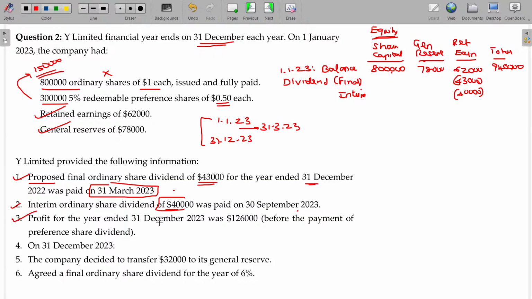Profit for the year ended 31st December 2023 was 1,26,000 before the payment of preference share dividend. So then preference share, how much do we have? 1,50,000 at 5%. So you can directly calculate 5% on this.